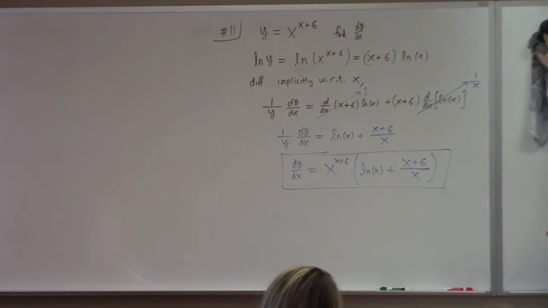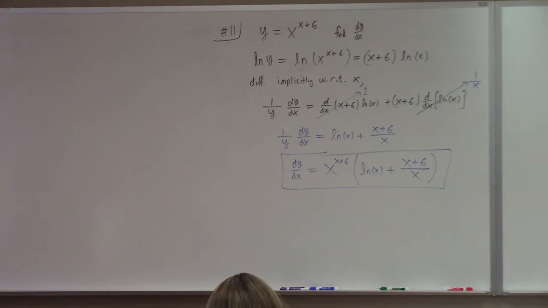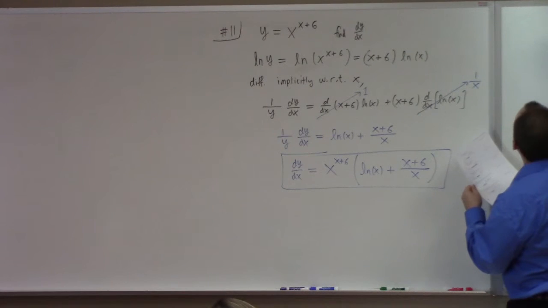Yeah, number 11 said use logarithmic differentiation to calculate the derivative. It does do that. And the same is true for number 10, which I'll work here in a second. Number 10, same song and dance. Use logarithmic differentiation to find the derivative, find dy dx.